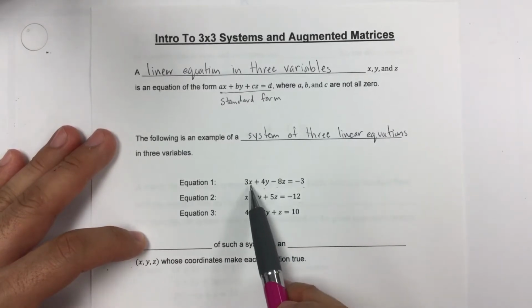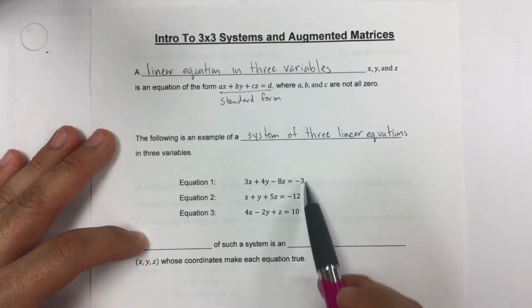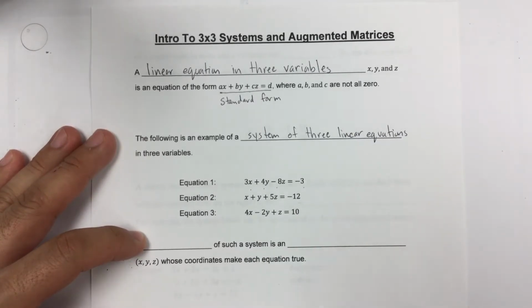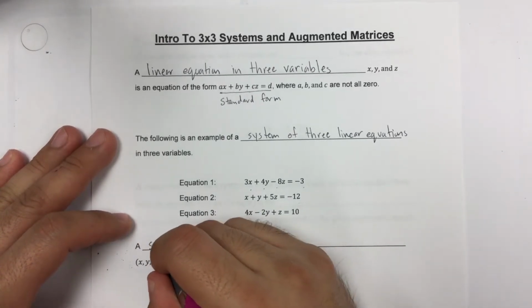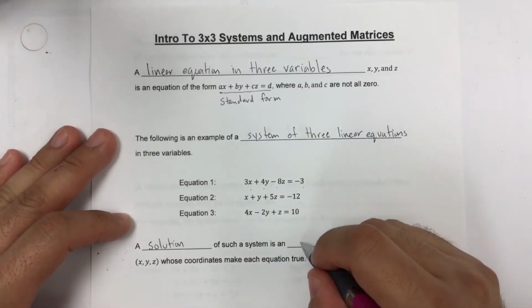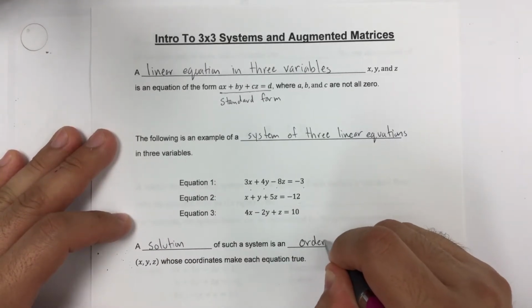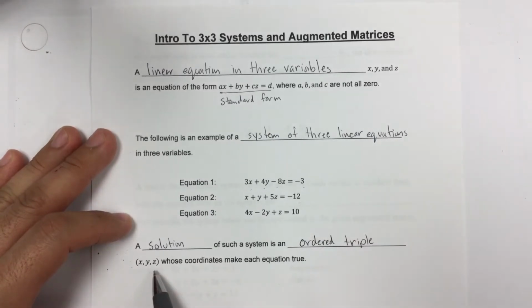And you'll notice once again, that it is in standard form because all the x's, all the y's, all the z's, and all the constants are set up in that order. So for here, we have that a solution of such a system is an ordered triple XYZ, whose coordinates make each equation true.